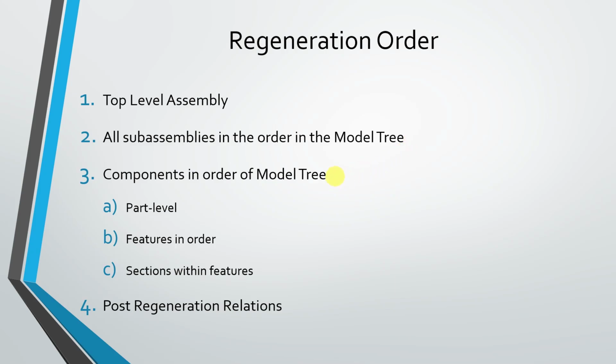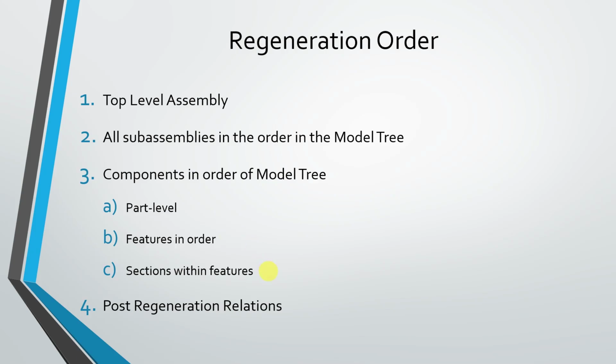And then Creo Parametric is going to evaluate the relations in all the components in the order of the model tree. So for example, it'll go to the next part in the model tree, it'll start regenerating it, and it'll go through the initial relations that are defined at the part level. As it's regenerating the features, it will regenerate the features in the order in which they appear.